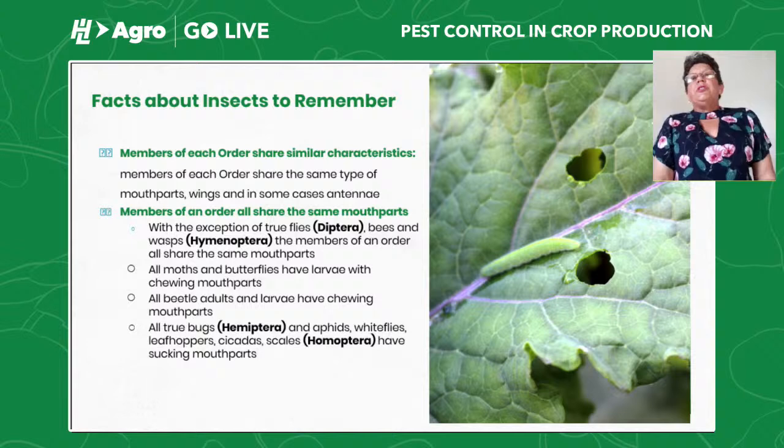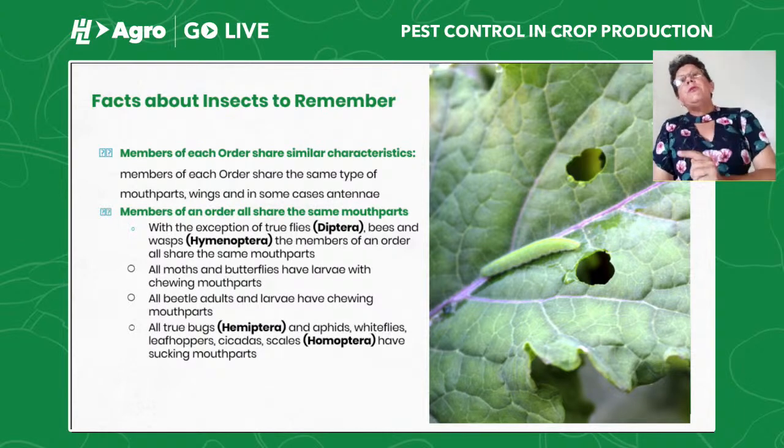True flies, which belong to the order Diptera, and bees and wasps that belong to the order Hymenoptera, have members with different mouth parts. For example, a housefly is a Diptera, and a mosquito is also a Diptera. A housefly has a sponge-type mouth part. A mosquito has a piercing mouth part. So it's very different, but they belong to the same order.